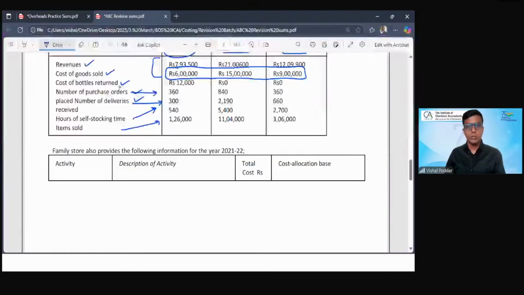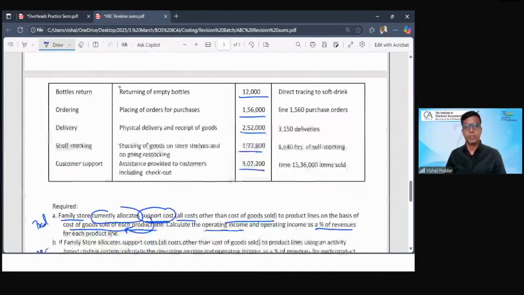Now, what is the total support cost? It is the total of this. So 12 is 168, 170, 220, 420, 520, 592, 593, 6 and 3, 9 lakhs.